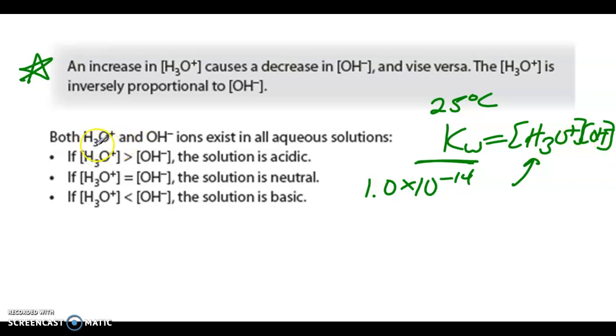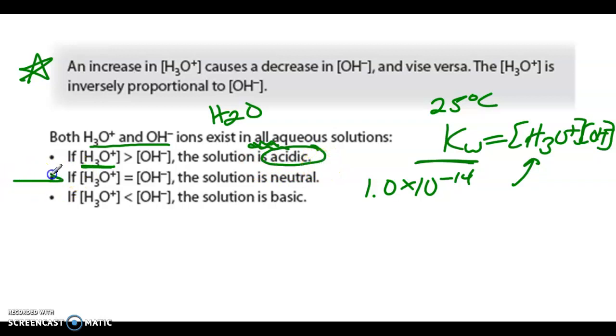So both hydronium and hydroxide will exist in all aqueous solutions now. And the reason why we know that is because pure water in itself contains those ions, obviously in specific amounts. So if you have an increase in the amount of hydronium present, that will indicate that you have a pH below 7, which means that this solution is now acidic.